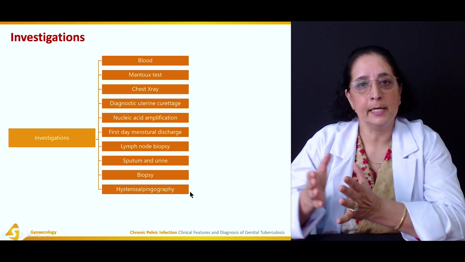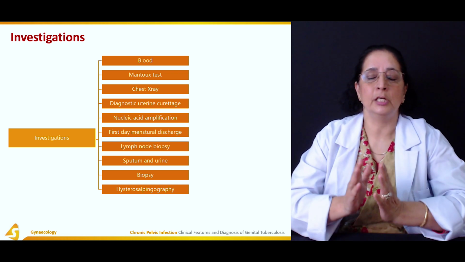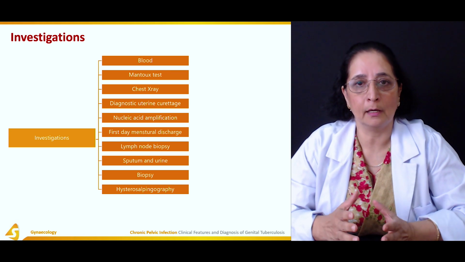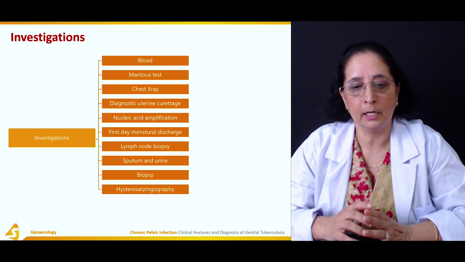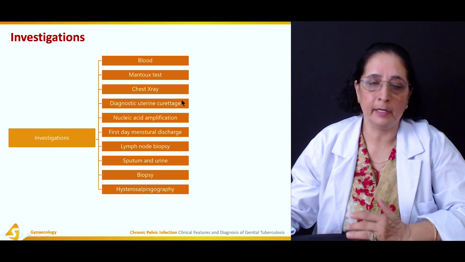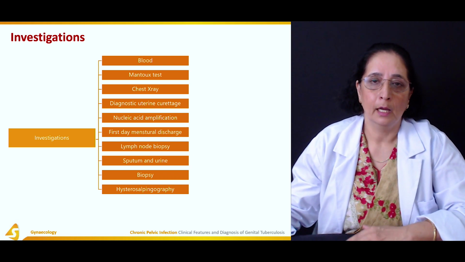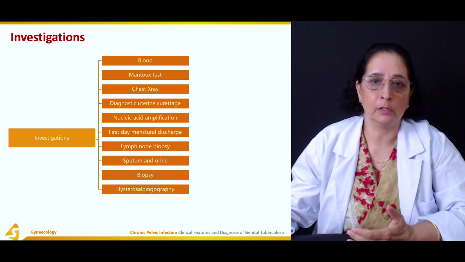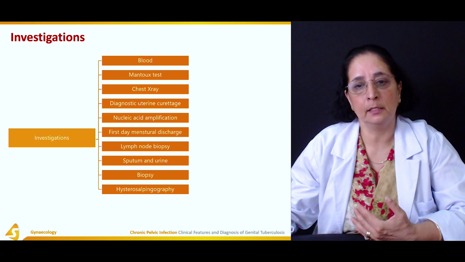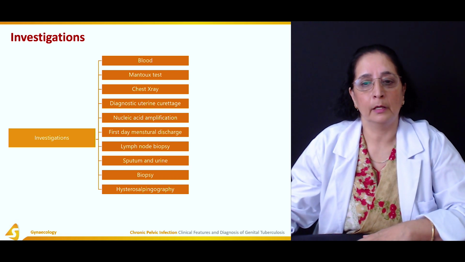In hysterosalpingography, a dye is injected and then the fallopian tubes are studied for any adhesions, scarring, or narrowing of the fallopian tube. Chest X-ray is a very common test done in the diagnosis of tuberculosis. If primary tuberculosis is suspected, a chest X-ray is done.